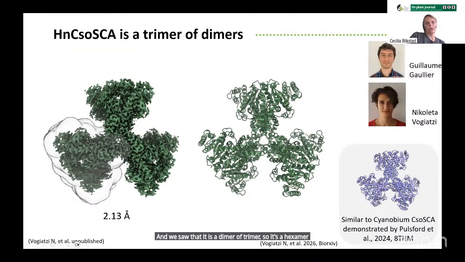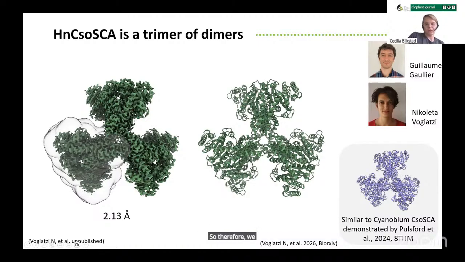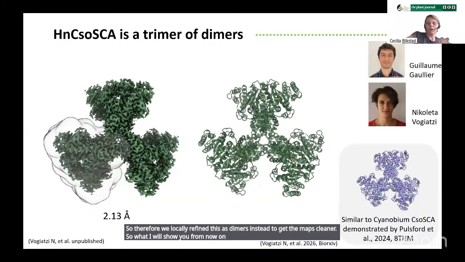However, we noticed that our hexameric map had very clean densities in the core, but it was kind of fuzzy in the edges. So therefore, we locally refined these as dimers instead to get the maps cleaner. So what I will show you from now on will be the dimers instead of the hexamers.